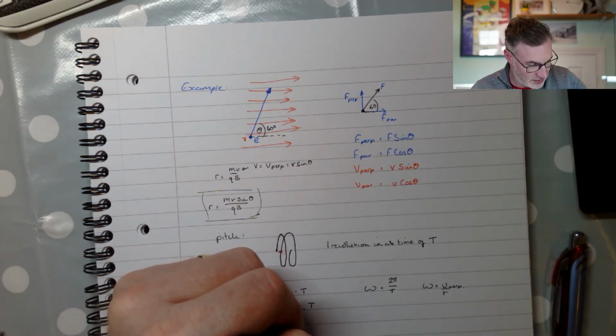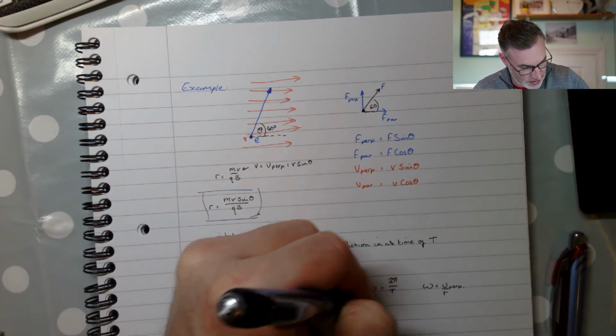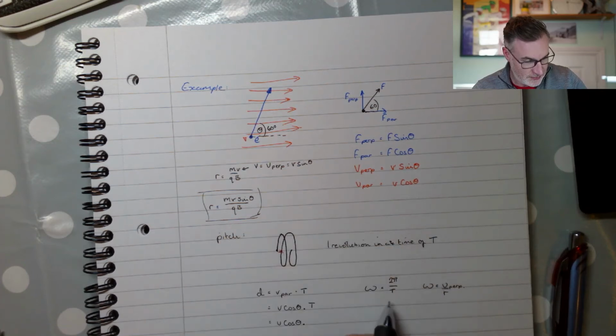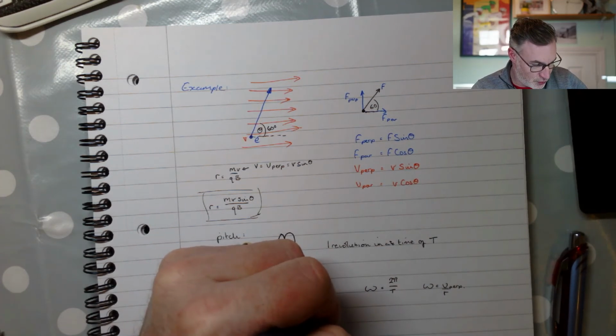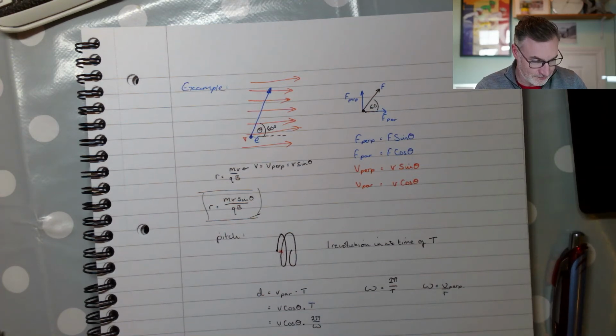So v cos theta times T, rearranging that, would be 2 pi over omega.